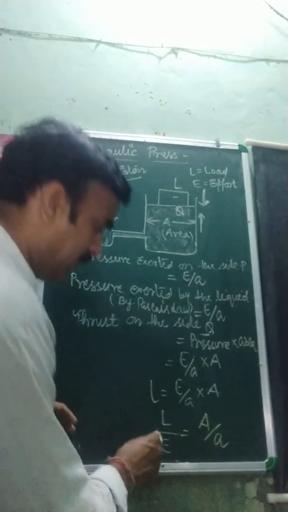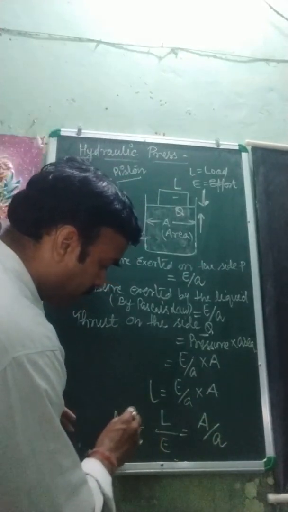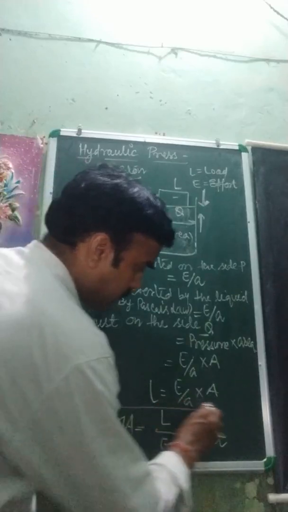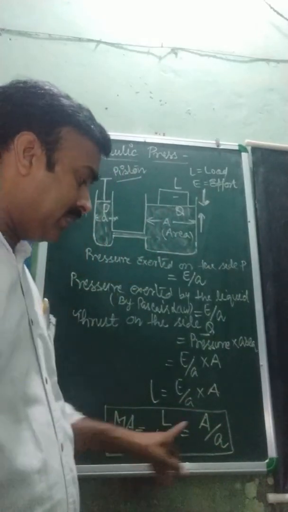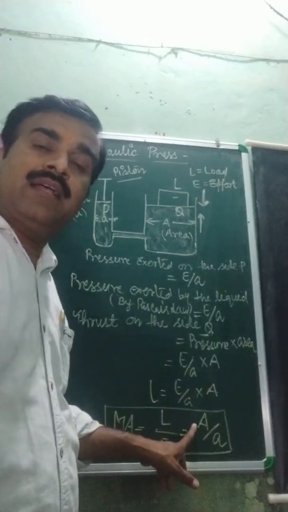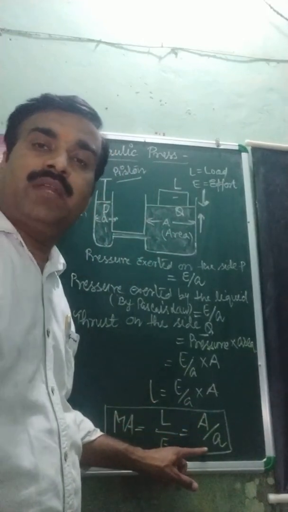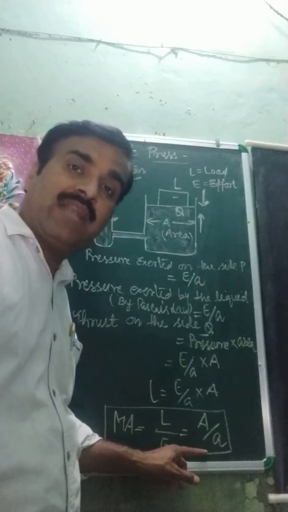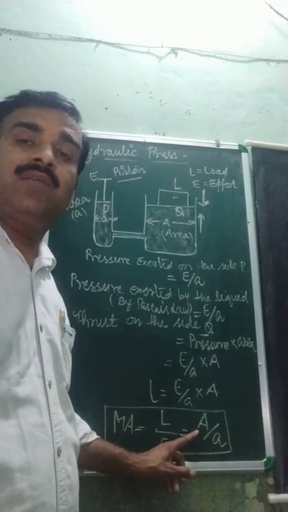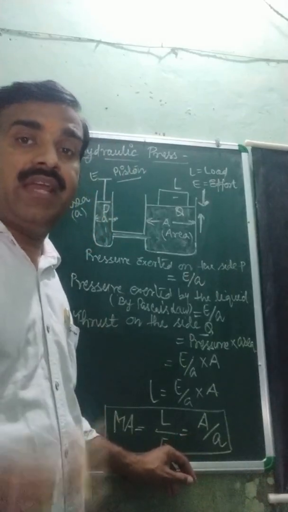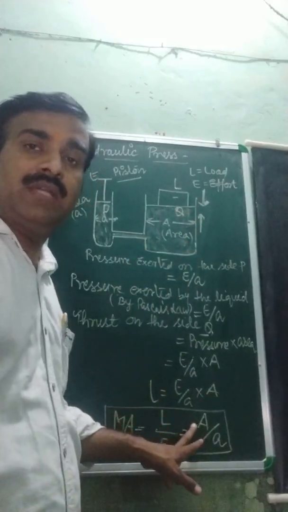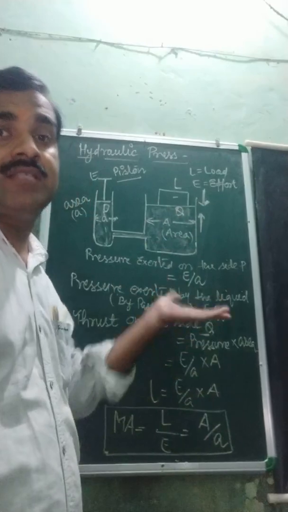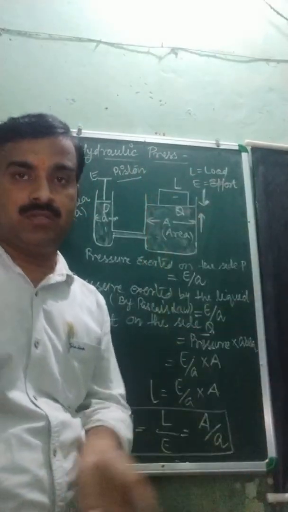So mechanical advantage equals the area of the larger piston upon the area of the smaller piston. That means mechanical advantage is directly proportional to the area of the larger piston, so it will lift the load.